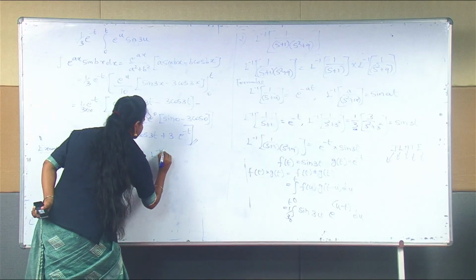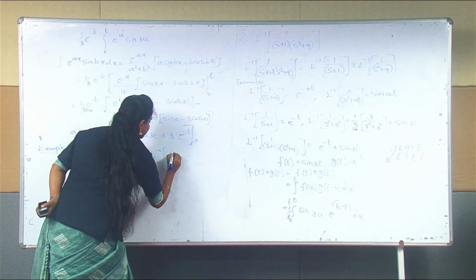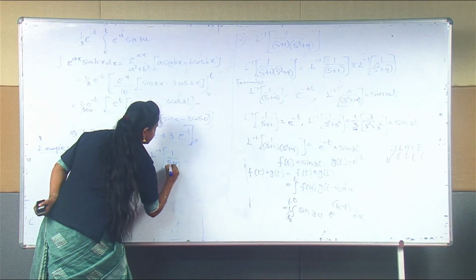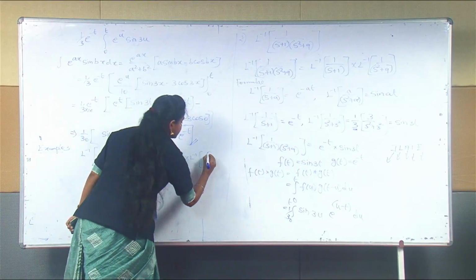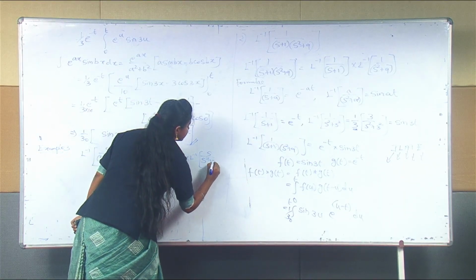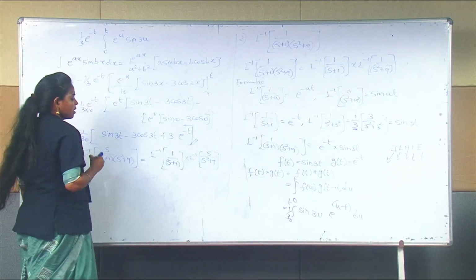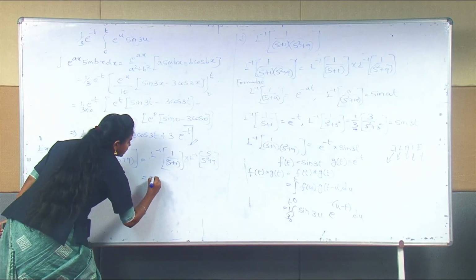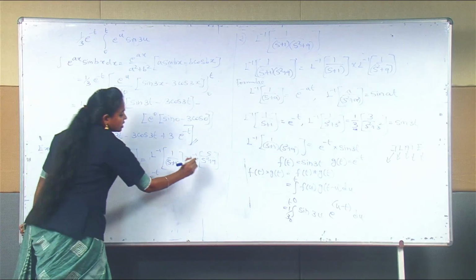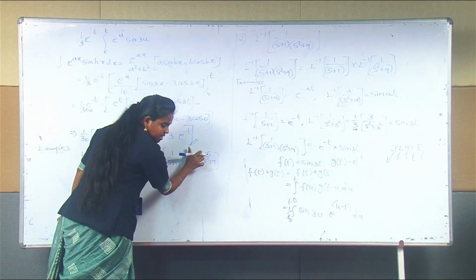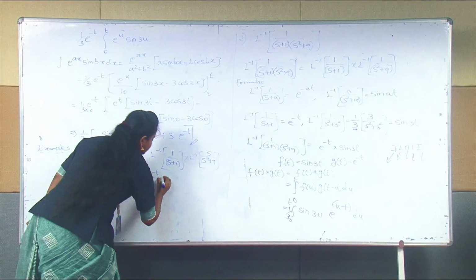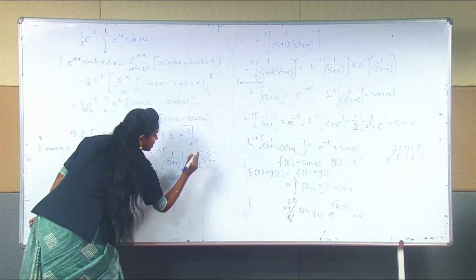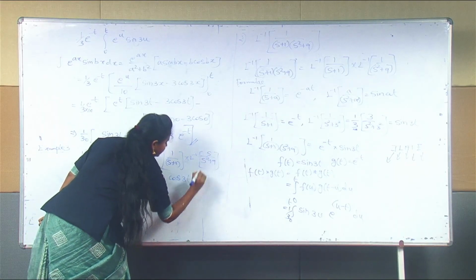So L inverse of 1 divided by s plus 1 into L inverse of s divided by s square plus 9. Here we know the formula, that is e power minus t. Here if we have s, you have to go for the cos trigonometrical function. So that means cos 3t.